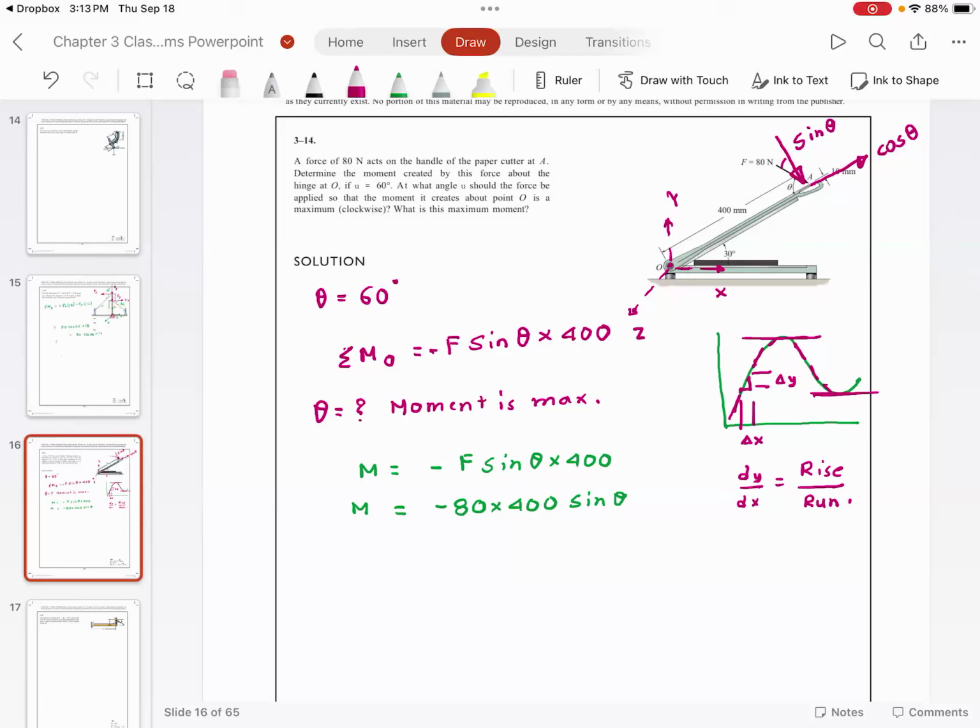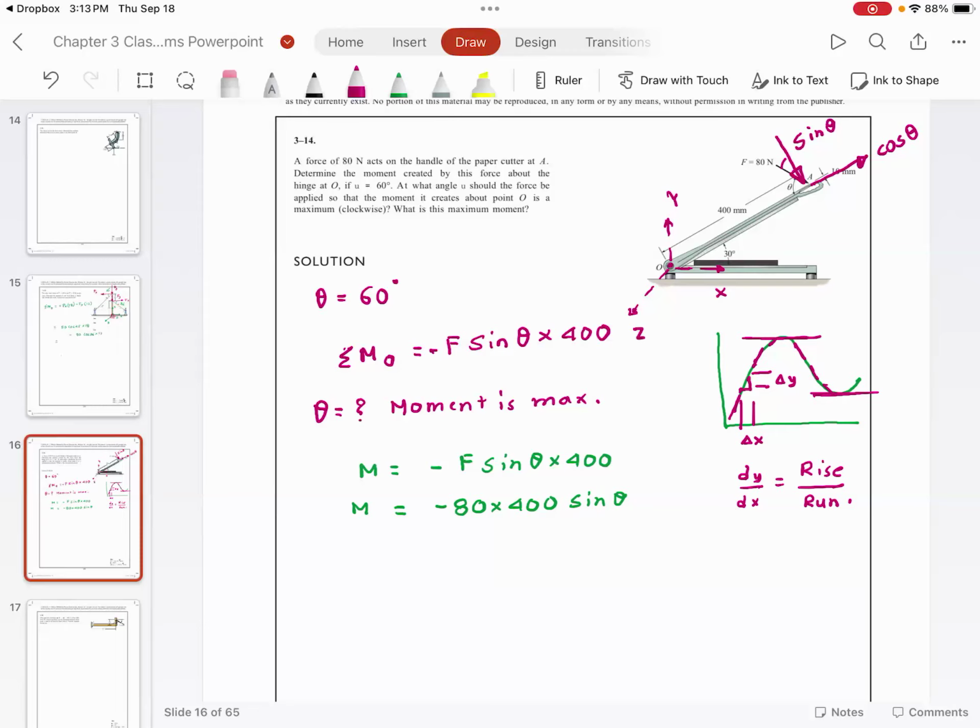Which means if you have an equation and if you want to find out extrema value, it could be maxima, it could be minima. What we do is we find the slope or the derivative of this equation and equate it to 0. Do you agree with me? We find the derivative of that expression and equate it to 0.